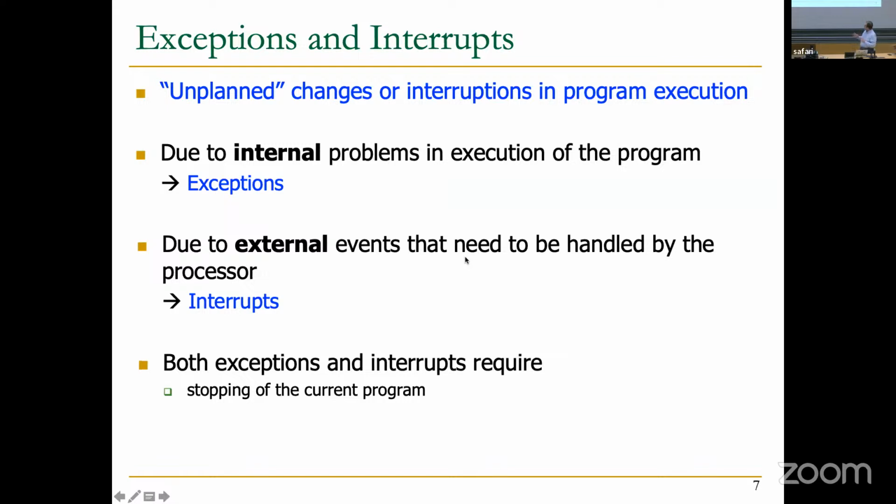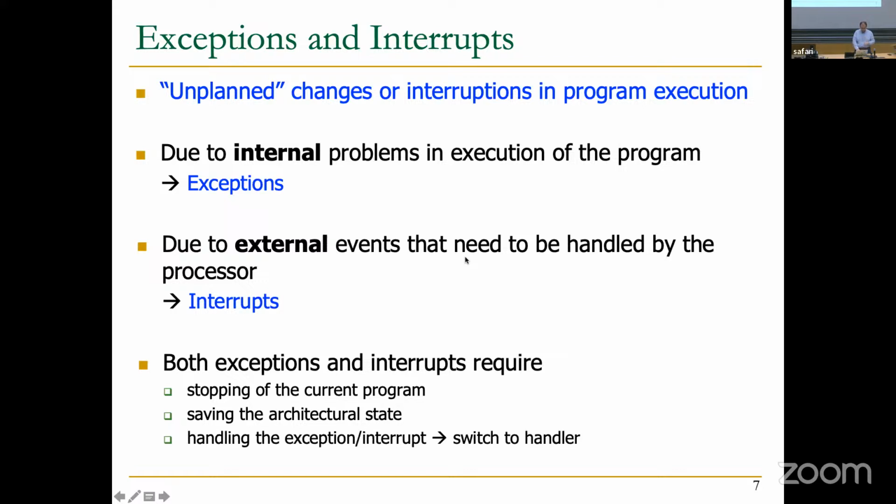Exceptions and interrupts both require stopping the current program. Whatever is running, we need to stop it, and then we need to save the architectural state: the status of the registers, the program counter, and whatever else in your processor is important to resume your execution. All of it needs to be stored. Then you need to handle the exception or interrupt, so you switch to the handler.